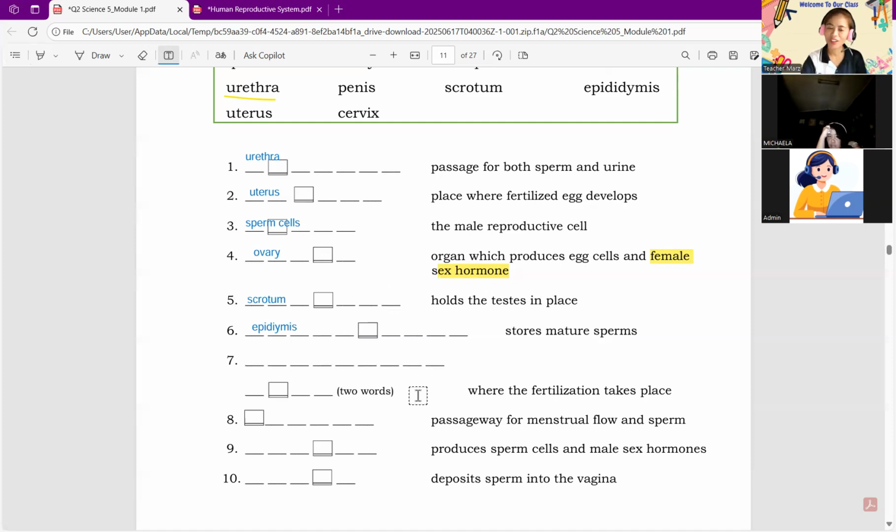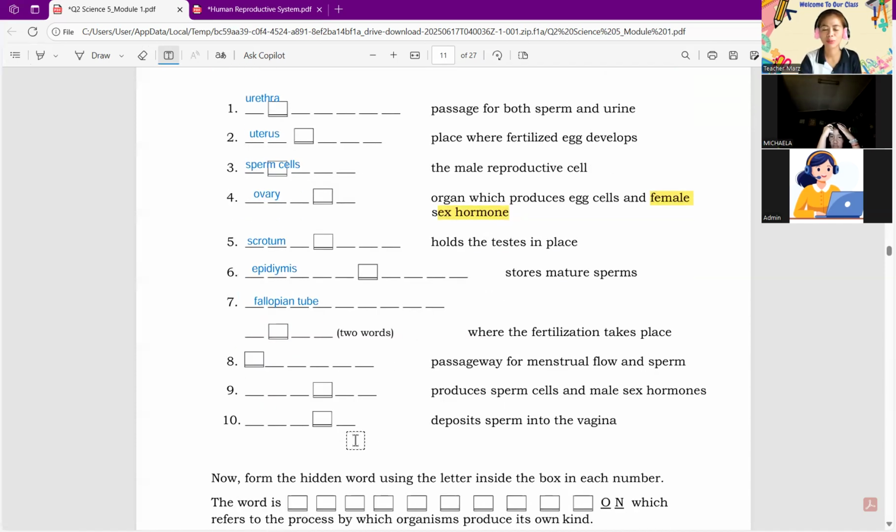Fallopian tube. All right, very good. It is the fallopian tube. So sometimes the fertilization happens in this tube, in this part. So this is the fallopian tube. So how about number eight?